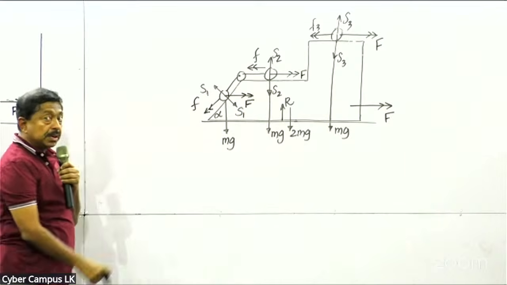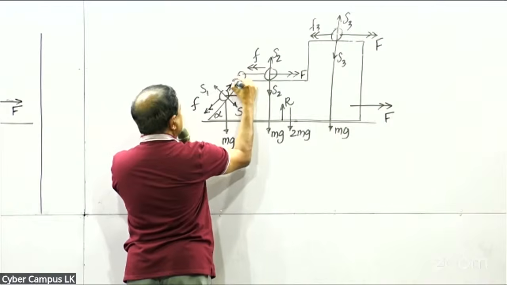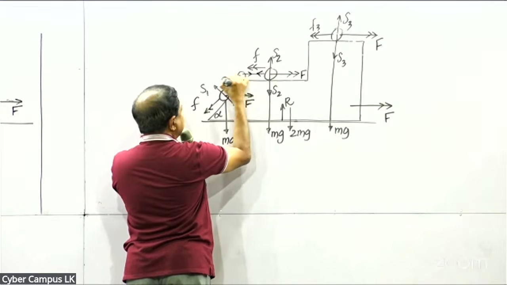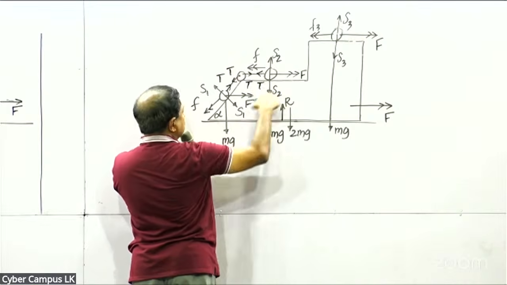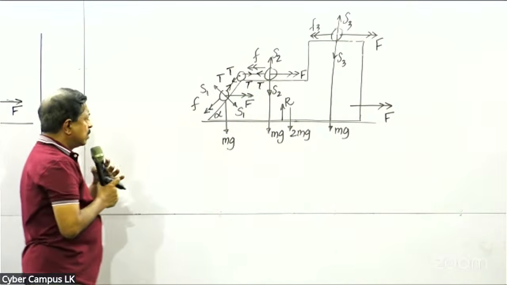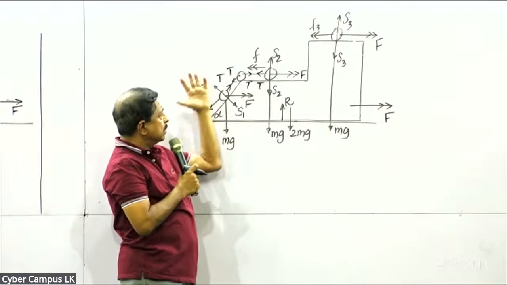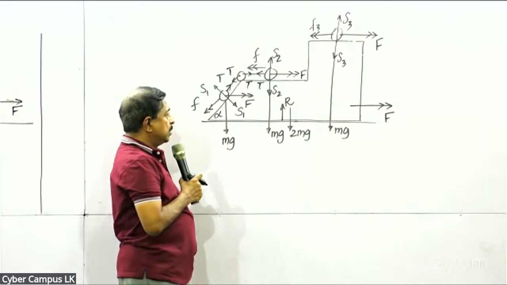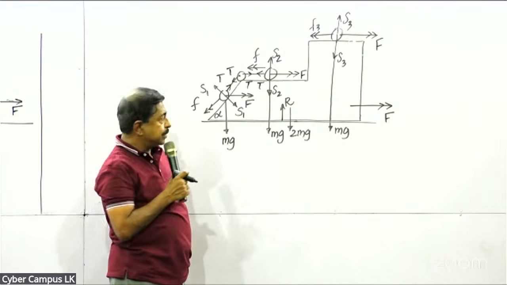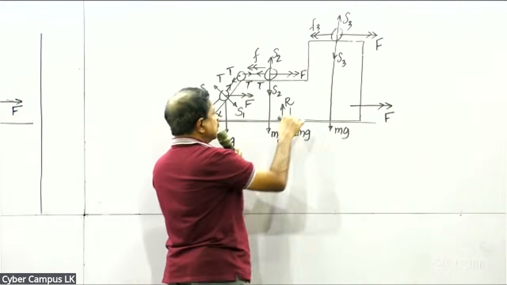It's kind of extremely complicated, right? And there's a tension as well, T. I wish I had more room here, but it's okay, we can handle it. Now we'll write equations. We have to write 4 equations. Hold on, how many variables?